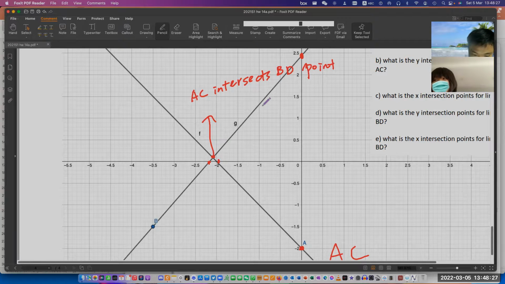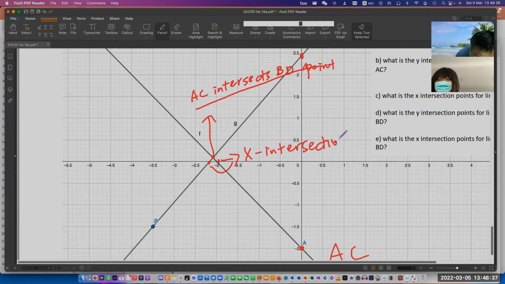I want you to differentiate this AC intersect BD point from these two points. They are called the X intersection points. The names are different. Let me see if I can choose a different color.